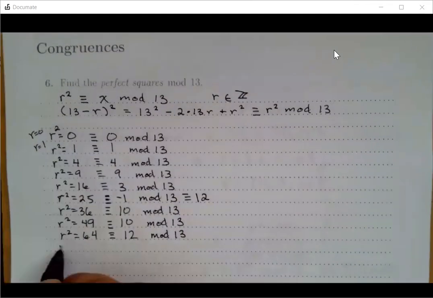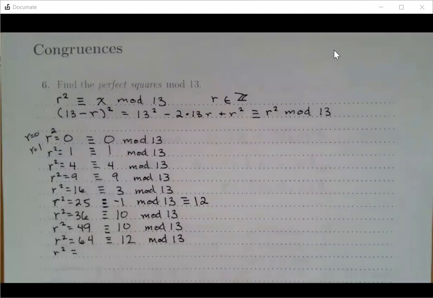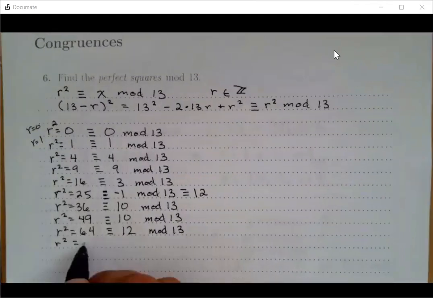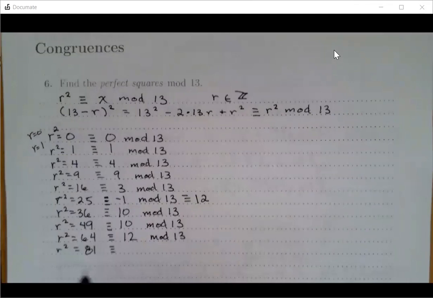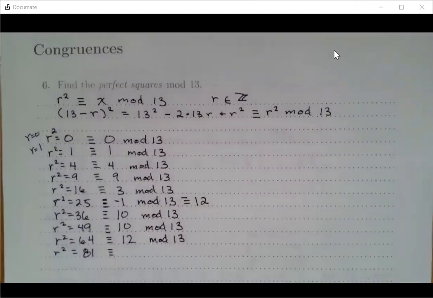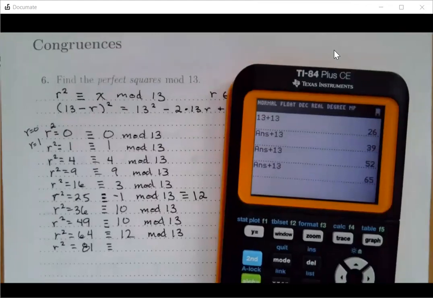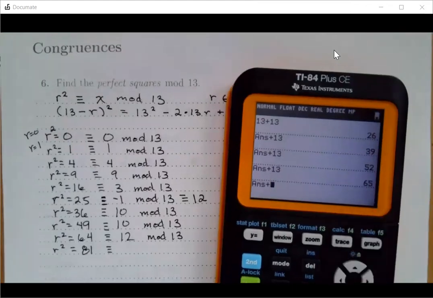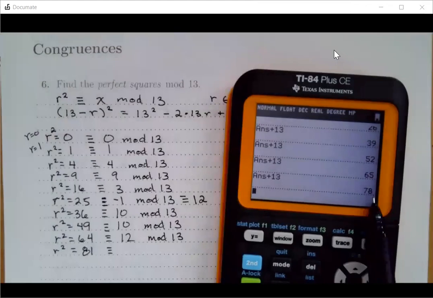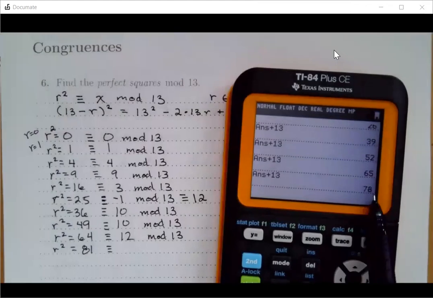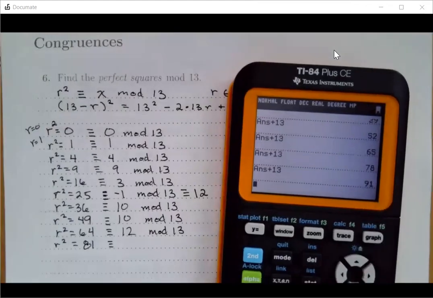If r squared were equal to 81, adding 13 again gives 65, then 78, then 91.